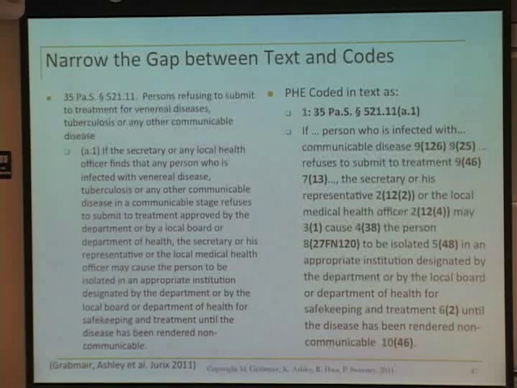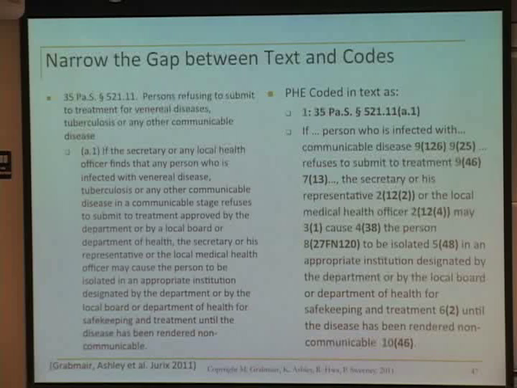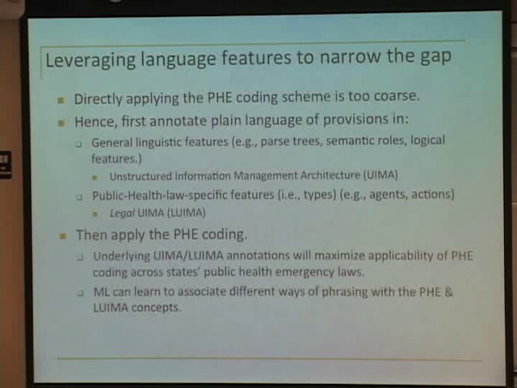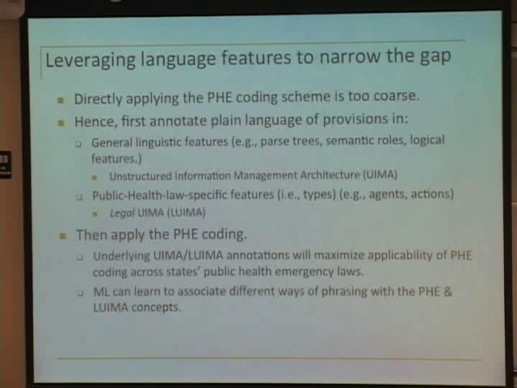Ideally, they would have preserved that connection, and if they had consulted us earlier, we would have certainly gotten them to do so, but we came in belatedly. So we're thinking about how we can fix that. To summarize, directly applying the coding scheme from the School of Public Health is too coarse.